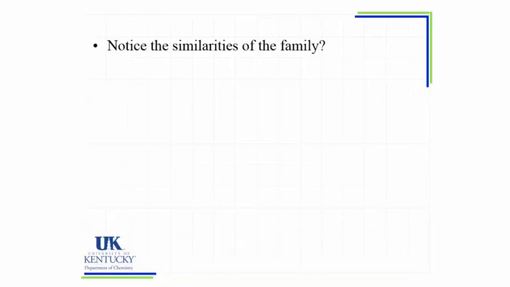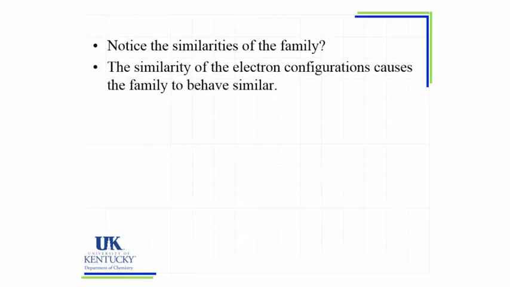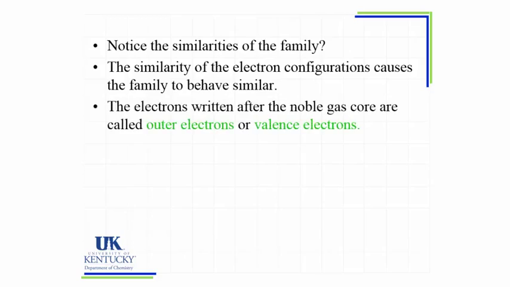So as we notice the similarity in the families, electron configuration causes these families to have similar behavior, chemically and physically. So within a group, because they have a similar electron configuration, they're going to behave similarly. Electrons that are written after that noble gas core are called the valence electrons, or the outer electrons.